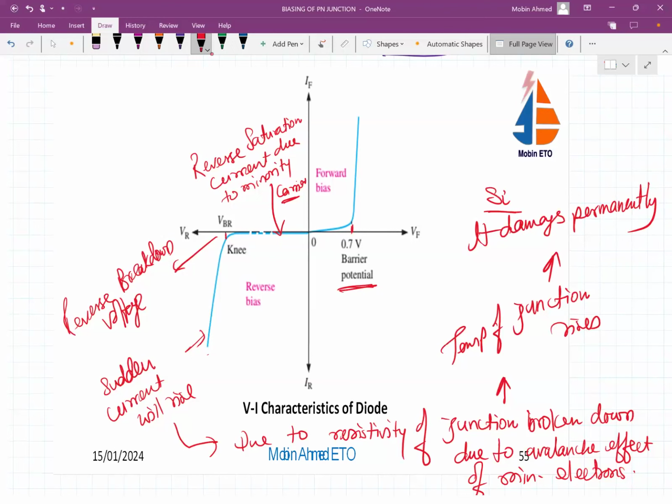The diode is completely damaged, something like a short circuit. So this is the voltage-current characteristics of the diode, showing what happens in forward biasing and reverse biasing.